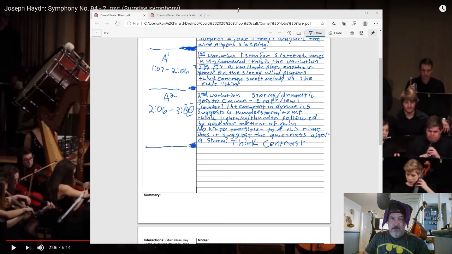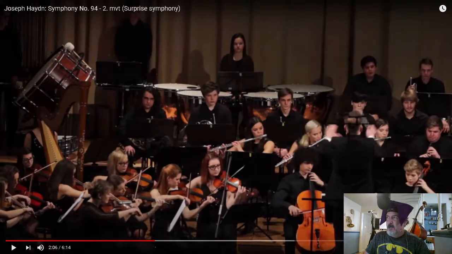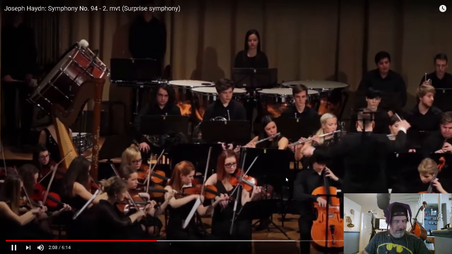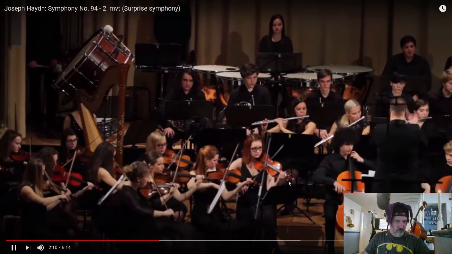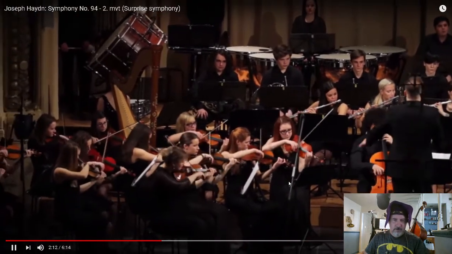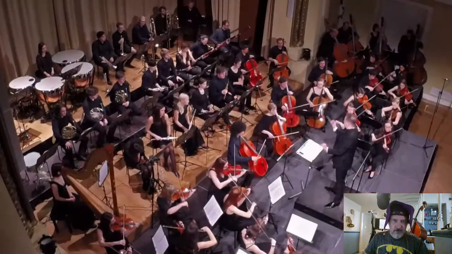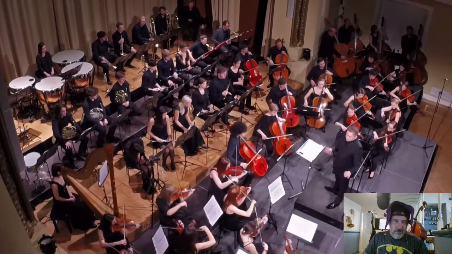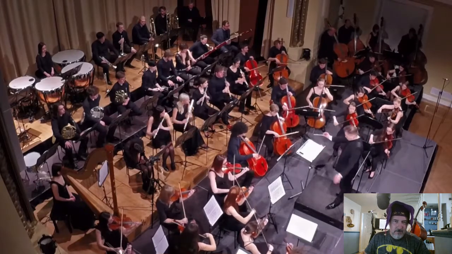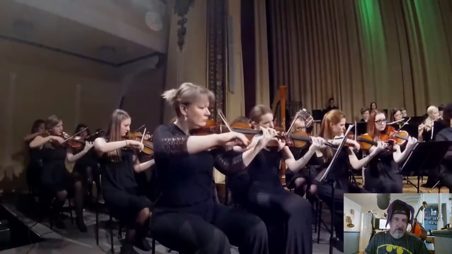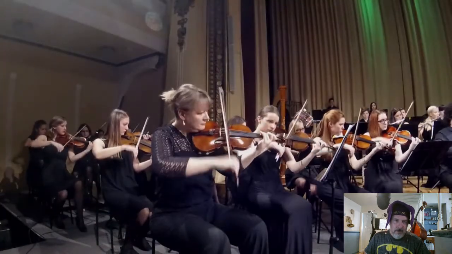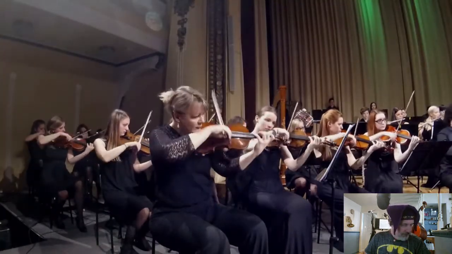So the moral of this variation is think contrast. And here we go. See the more aggressive bowing too. Lightning and thunder.